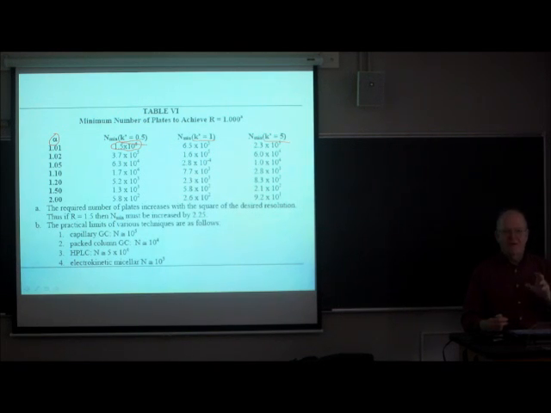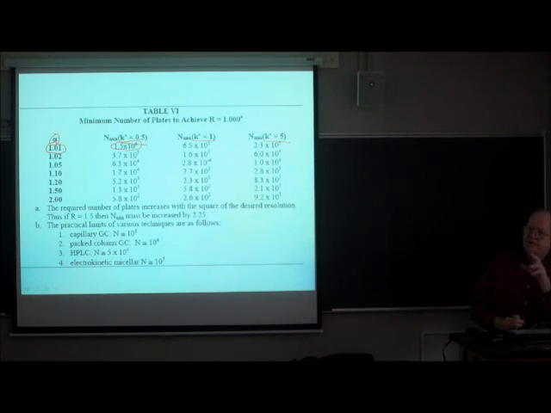I don't care what the retention is, 230,000 plates is a lot of plates. It could take you a very long time. The column would have to be miles long to get that number of plates. This is a real bad situation to be in.